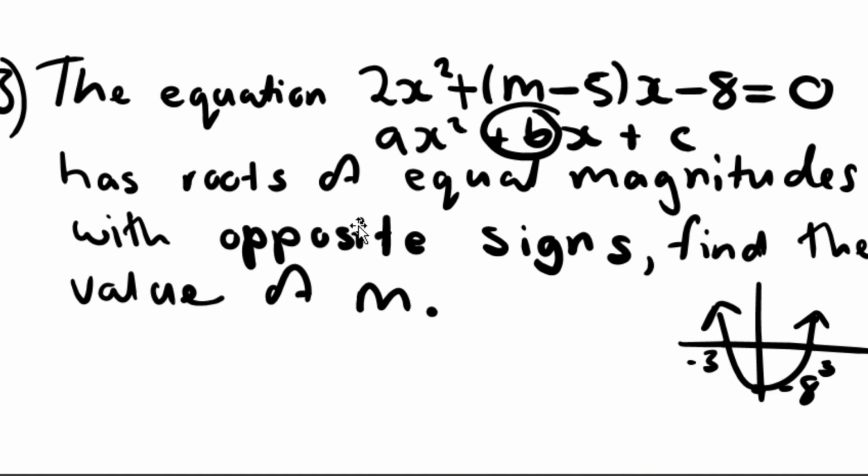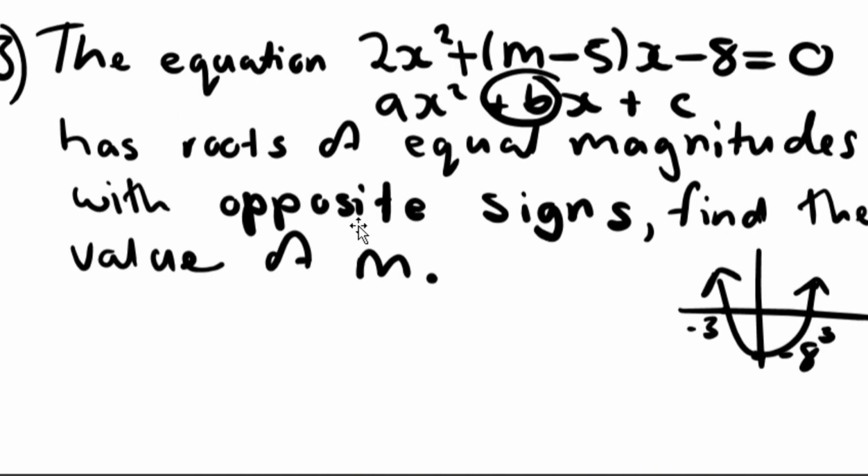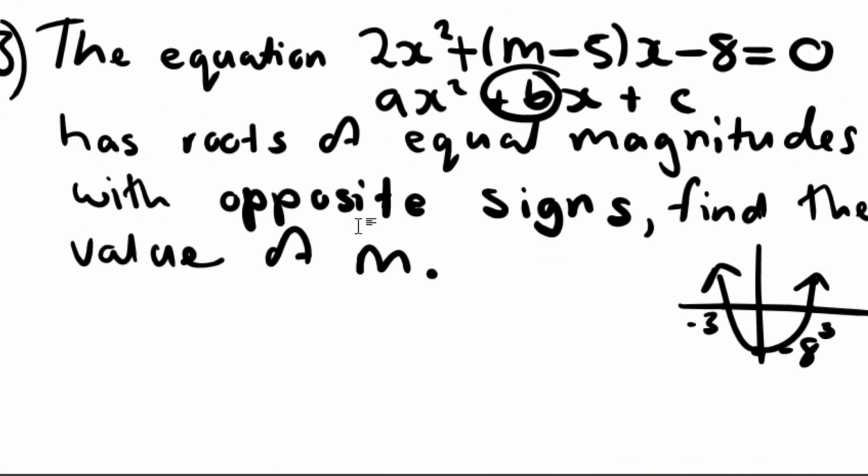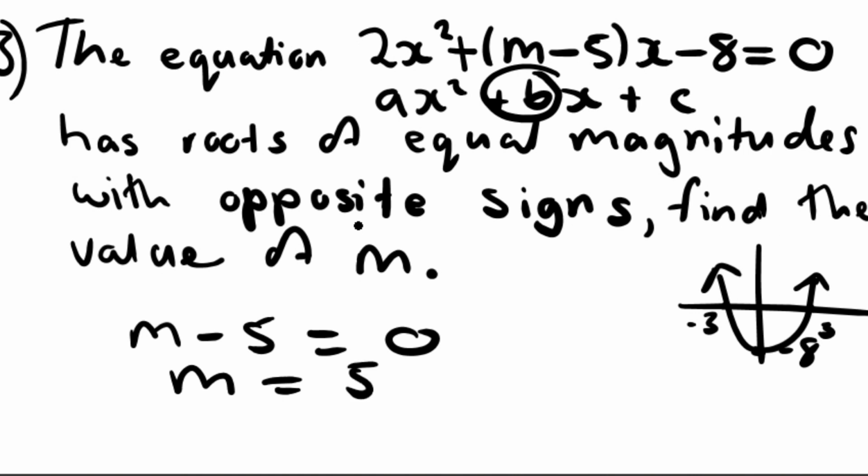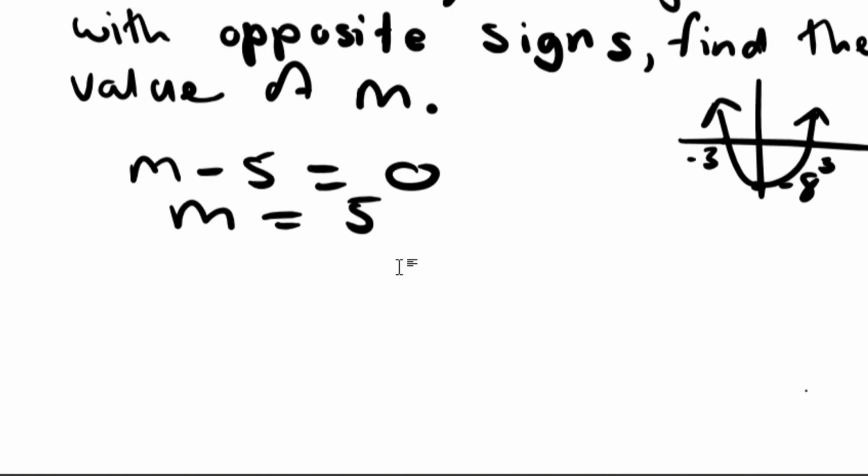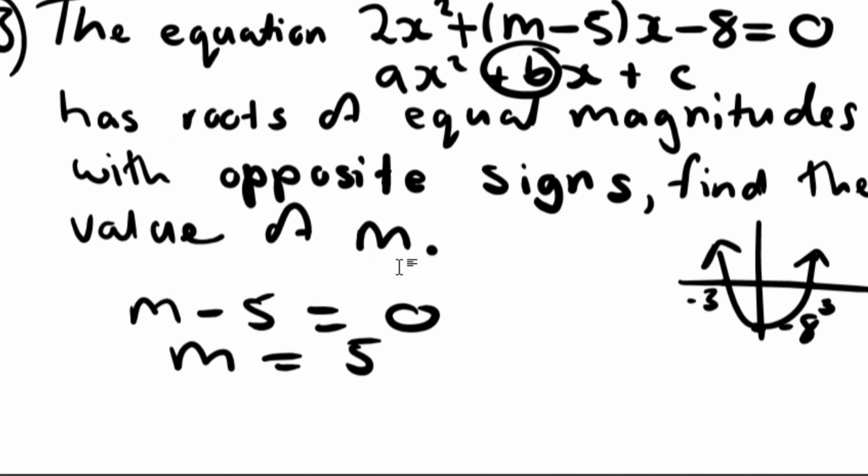Now, how do we answer the question? If it has equal roots with opposite signs, m minus 5 should be equal to 0, so m should be 5. Let's test if this is true. If m is 5, is it true that it will have two equal roots?